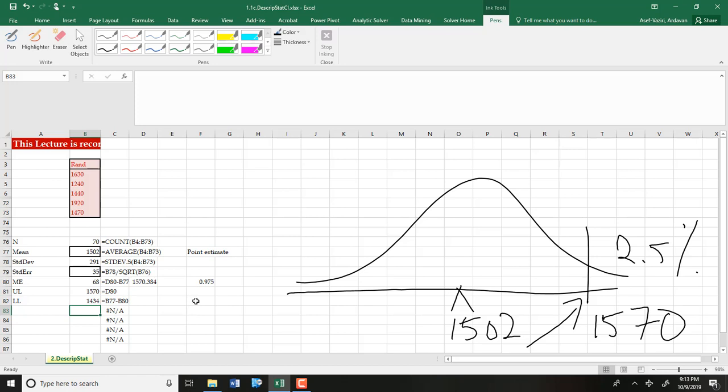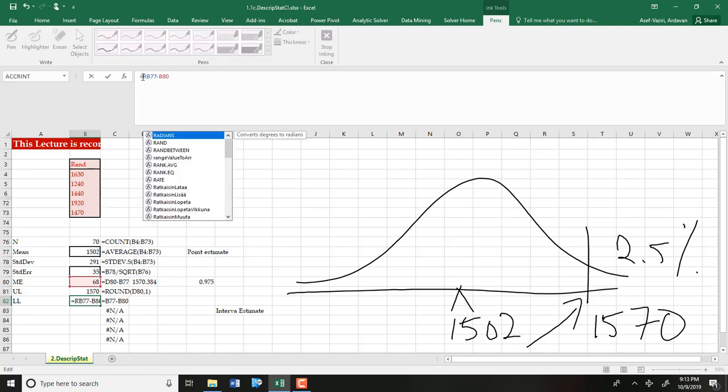Therefore, my interval estimate, let me make sure this is equal to round and 1, for example, and this is also equal to round and 1.